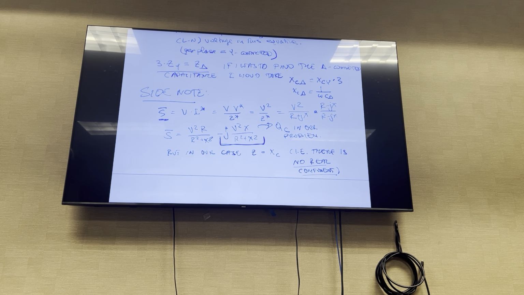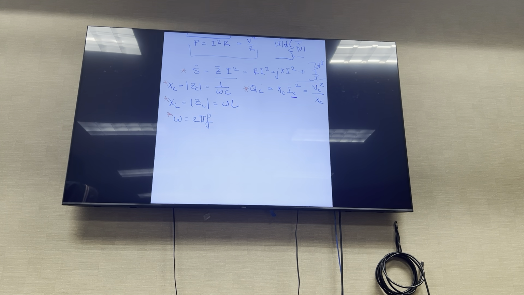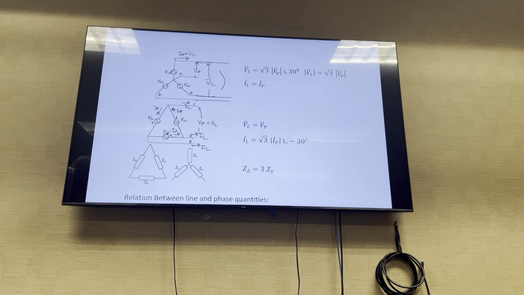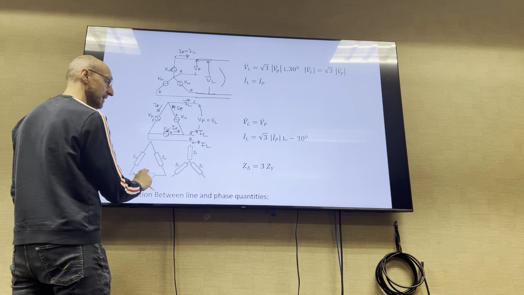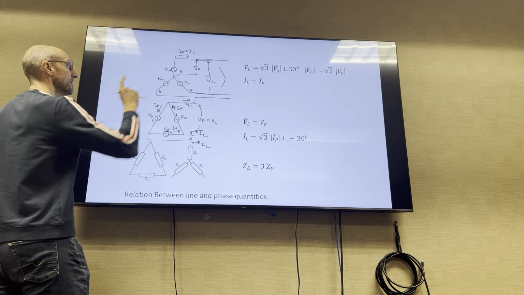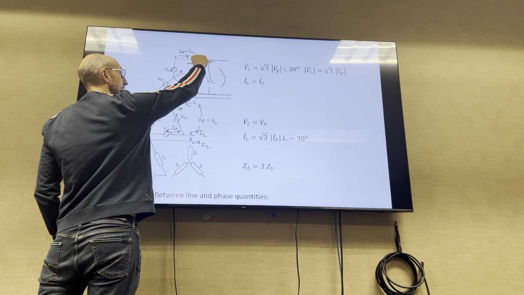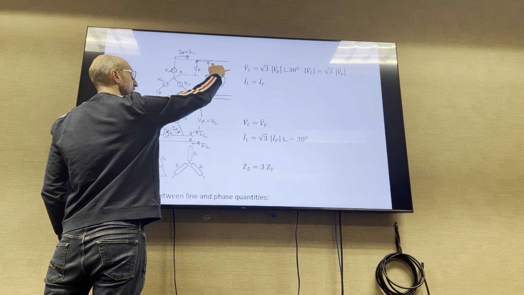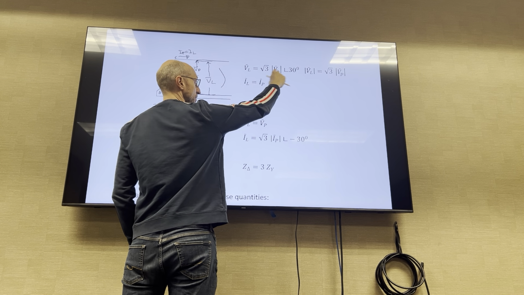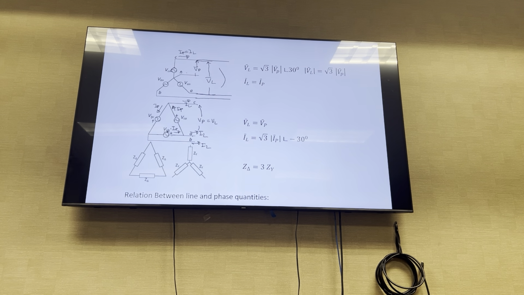So if we look at our cheat sheet, as we go from a Y to a delta, the delta will be 3 times larger than the Y. But when we go from a line to neutral voltage to a line to line voltage, I'll multiply by square root of 3 and phase shift by 30.